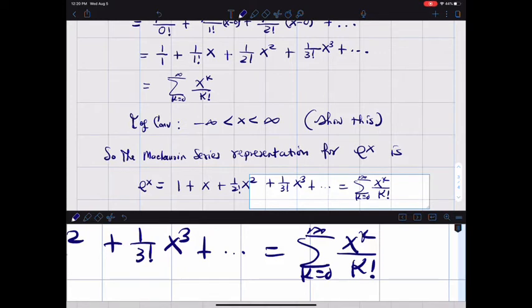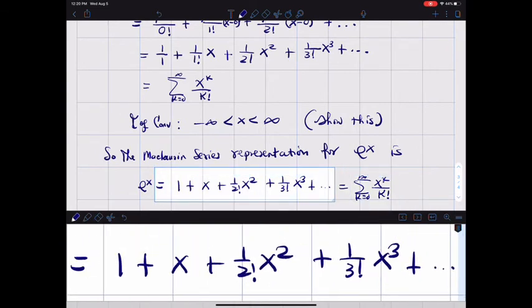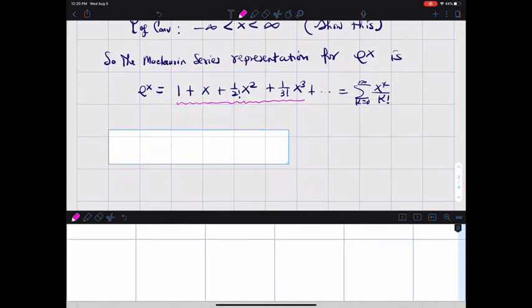And this actually converges if you take the series from k from 0 to infinity. But in practice, if you want to work with this series, you only need maybe that many terms. All right, so what is this telling us?